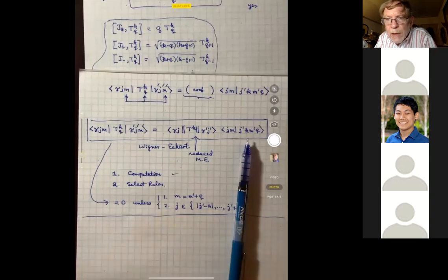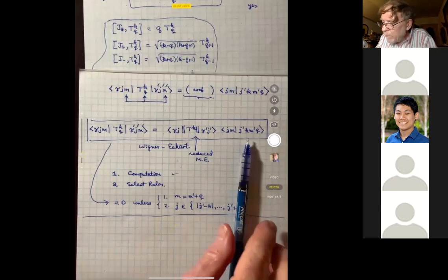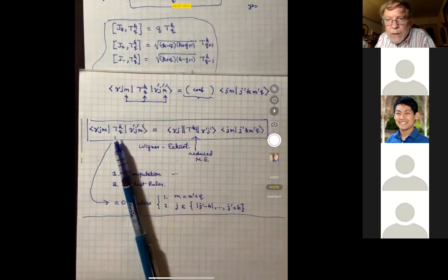So recursion relations allow you to start with some extreme values of the magnetic quantum numbers where you know the answer, and then apply the recursion relations and fill in all the rest. If the matrix elements on the left-hand side satisfy the same recursion relations, then you can do the same thing, except you don't necessarily know the starting value. But whatever starting value you choose, the rest of it is just going to be proportional.